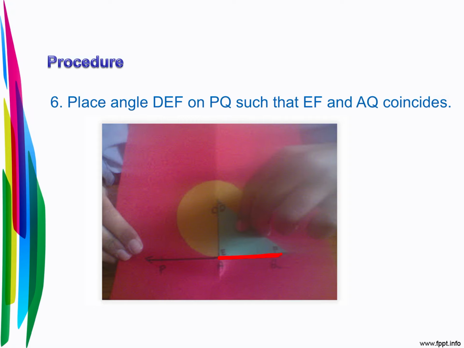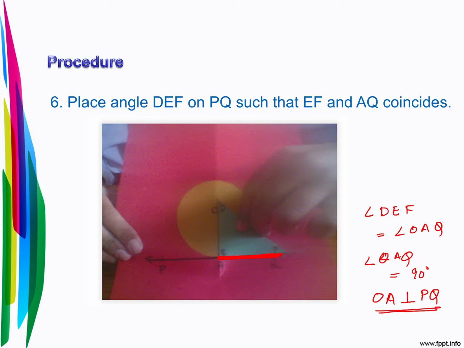That angle DEF completely covers angle OAQ. And since DEF is of measure 90 degrees, therefore angle OAQ will also be of measure 90 degrees, which verifies that OA is perpendicular to PQ.